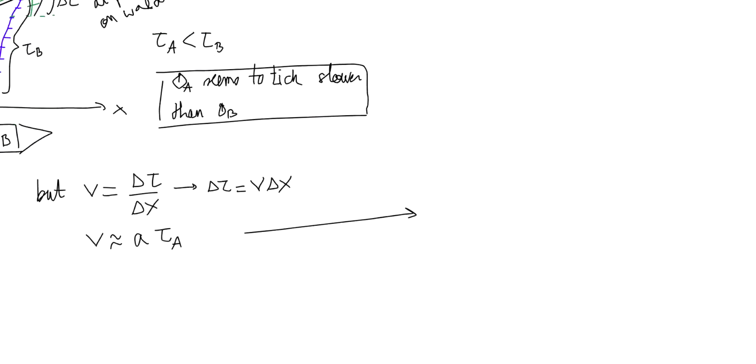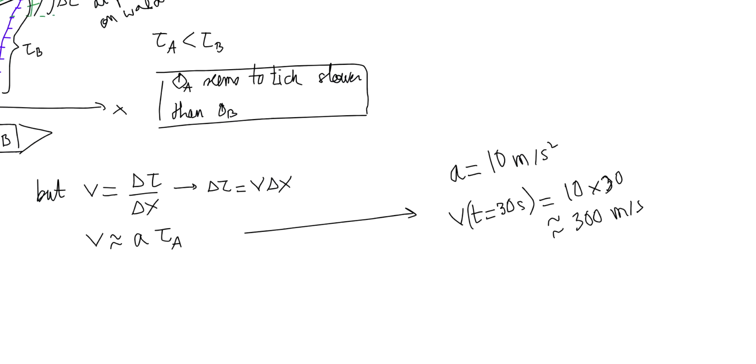And this you can see with a more classical example. If you are accelerating at a constant acceleration of 10 meters per second squared, and you want to know what your velocity will be in 30 seconds, what you can do is 10 times 30, and you can approximate that in 30 seconds, your velocity will be 300 meters per second.